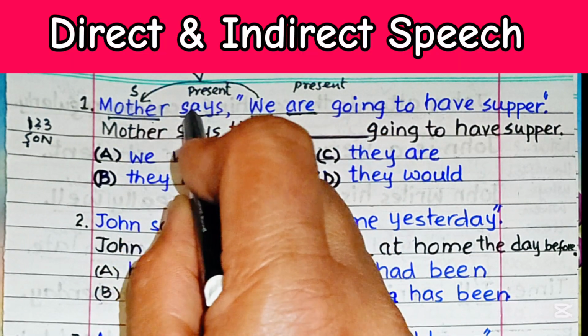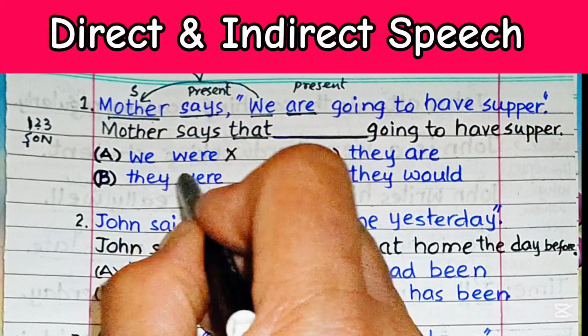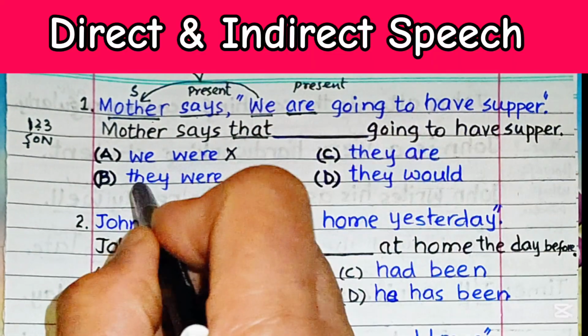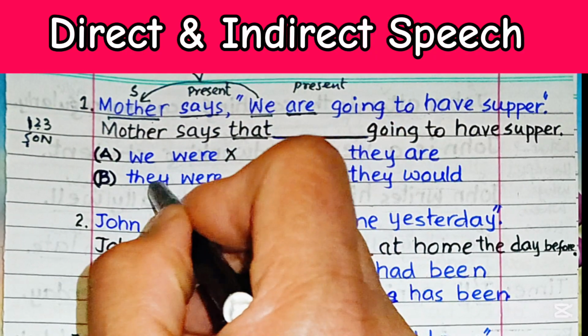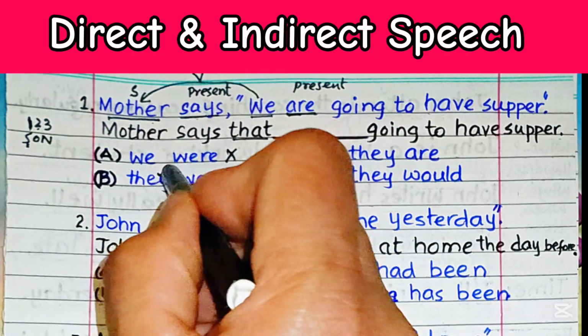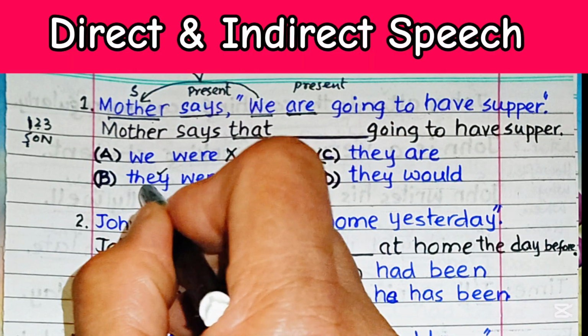Then mother says that they were going to have supper. So over here we have been replaced or changed correctly they. It is to be changed with the subject, that is they over here.